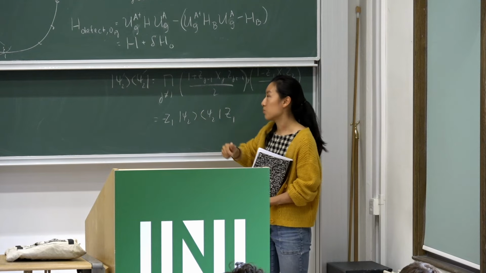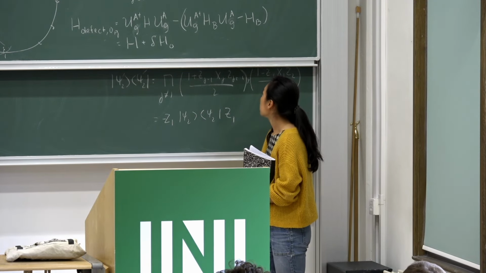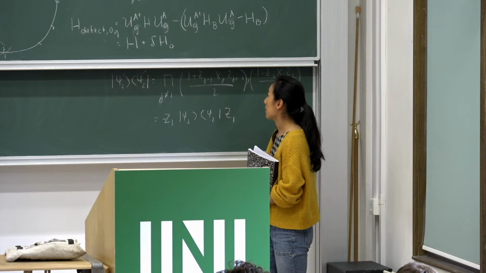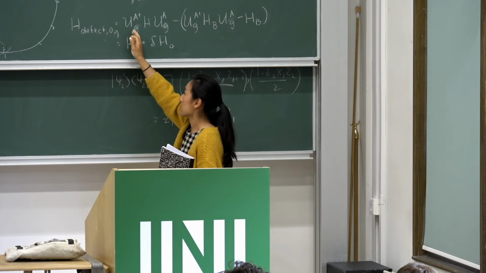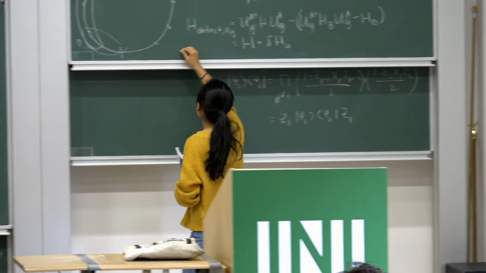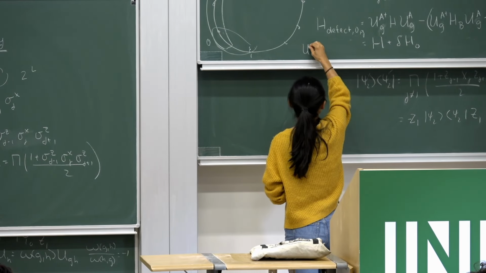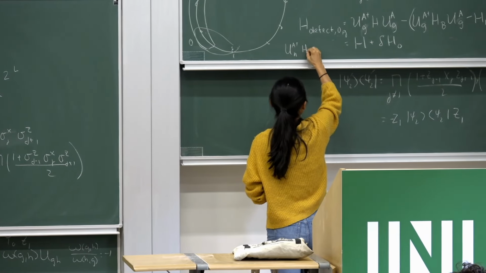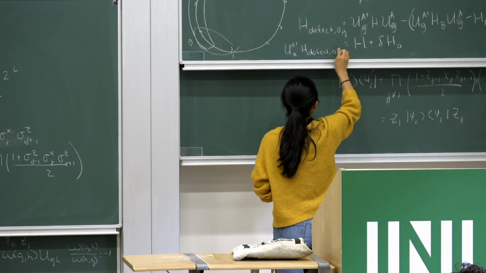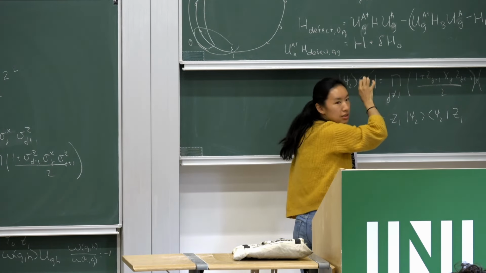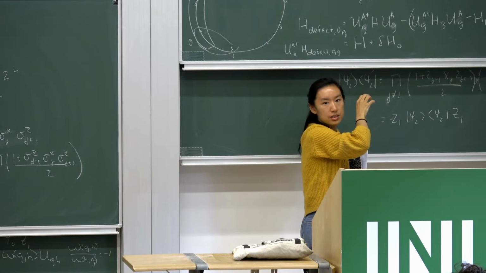And if G is not abelian, then the action of U_G(A) dagger on H defect of G will look like a GH defect. We'll insert a GH defect there.